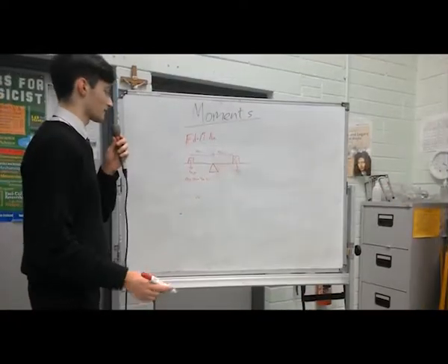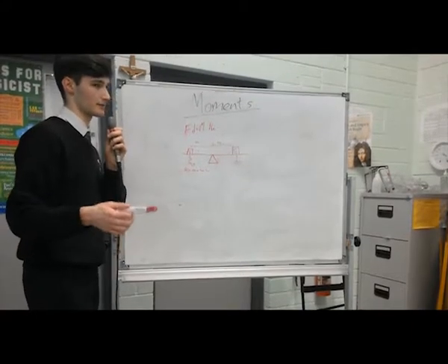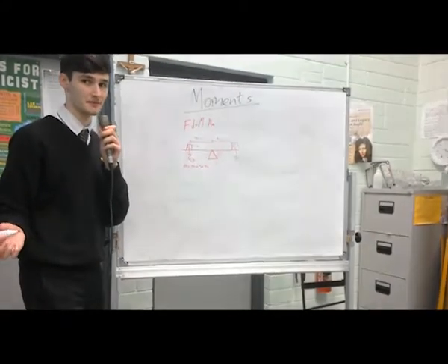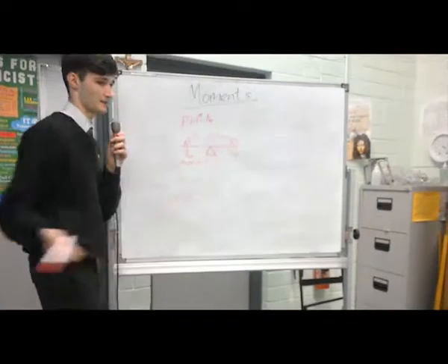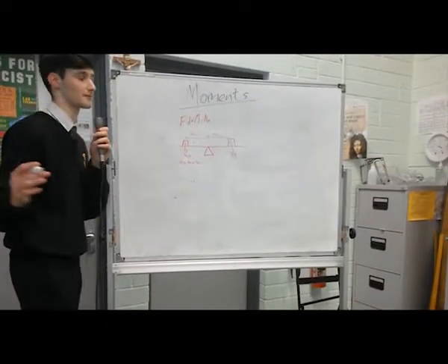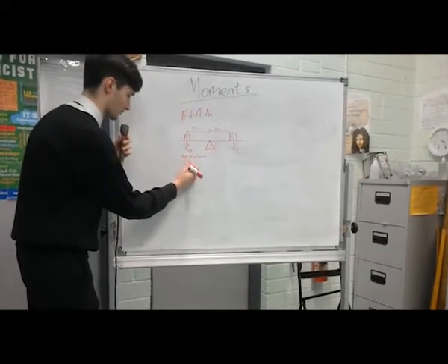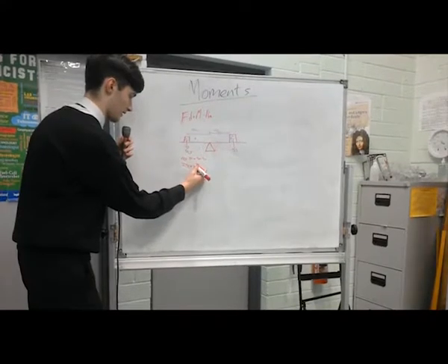So anyways, this is 4g newtons, which is roughly 9 times 4, so it's roughly 38 newtons, and this is roughly 49 newtons, but that's not a big deal. We can cancel them out.